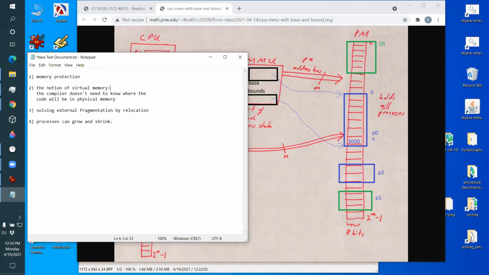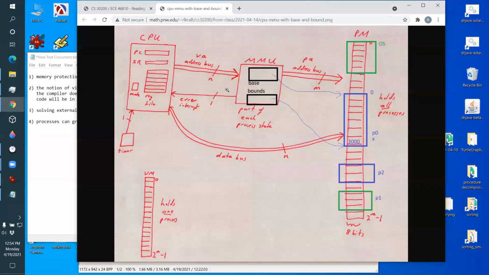When the compiler compiles code and creates the exe file, it could say that all the variables are based off of 0. It can just assume this idea of virtual memory. So this makes life for compilers way easier. The compiler just assumes that a program runs starting at memory address 0. That's its base, and then all the code and data is just put in memory past location 0, as if there was only one program running in memory.